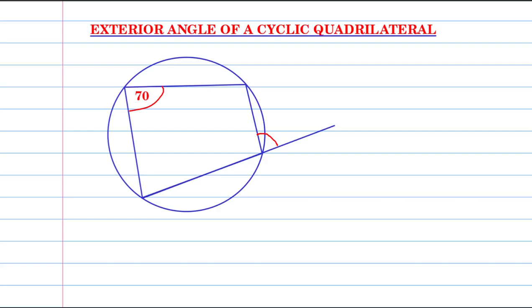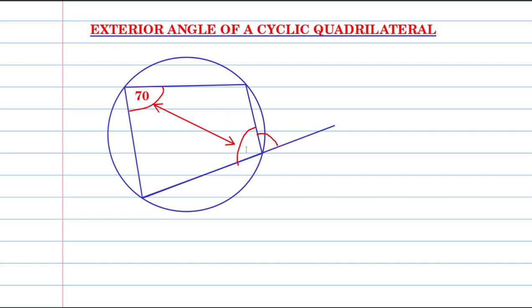There is a theorem that we've just covered which talks about opposite angles of a cyclic quadrilateral. It says the opposite angles of a cyclic quadrilateral add up to 180 degrees.